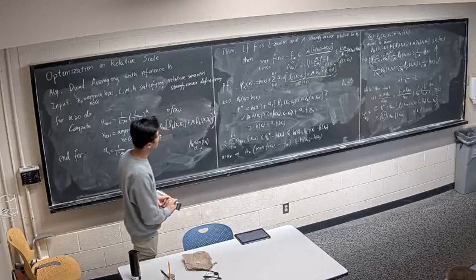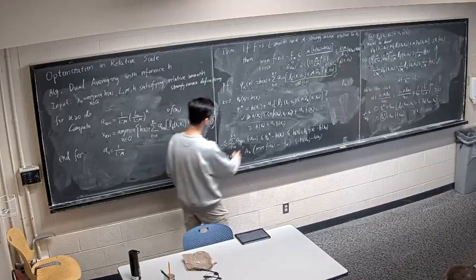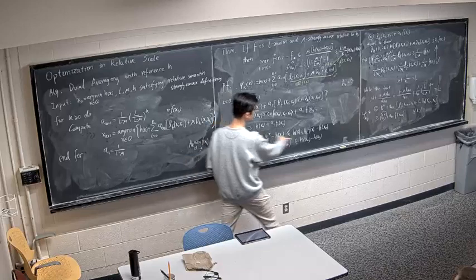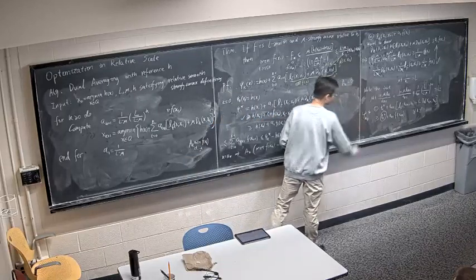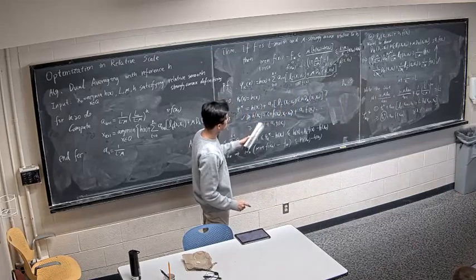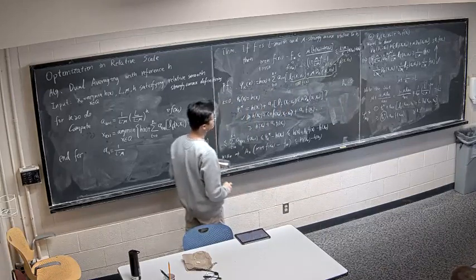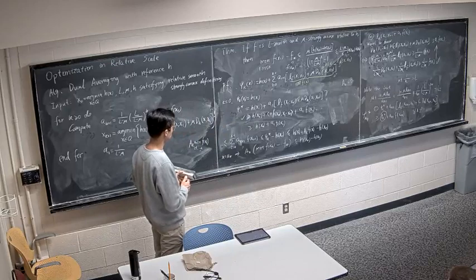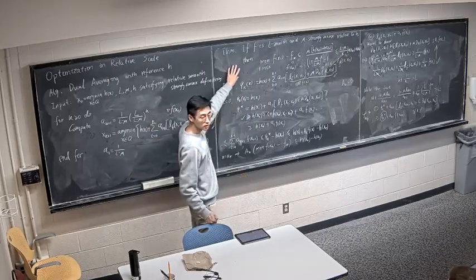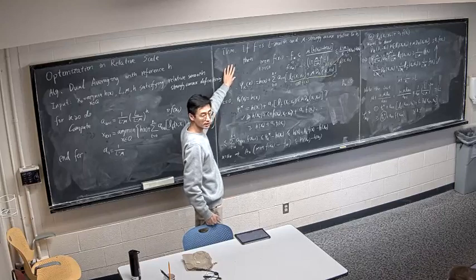In the end, the conclusion is the same. This is the same conclusion as this one by taking k to be 0. I think this proof can be absorbed into that proof. But anyway, the conclusion is correct, right? Convinced that this is true, right?